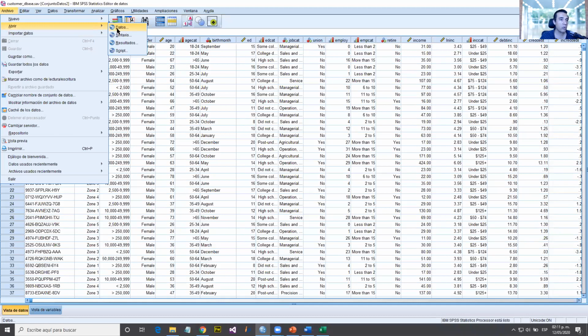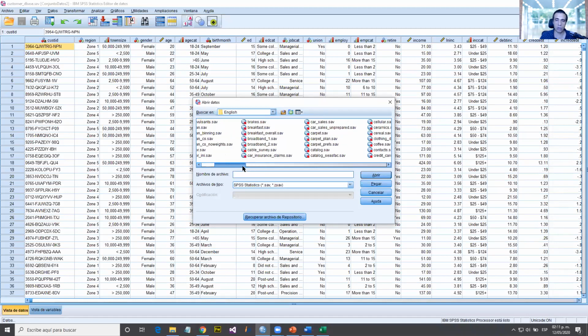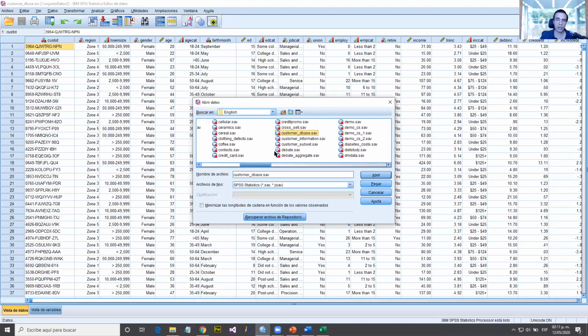But you can go right there: File, Open Data, and then from your hard drive, program files, IBM, SPSS, statistic 25, samples, English. And right there under English, please go to customer dbase. It is right there.